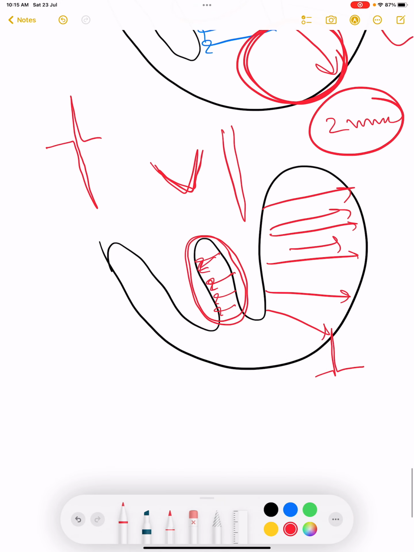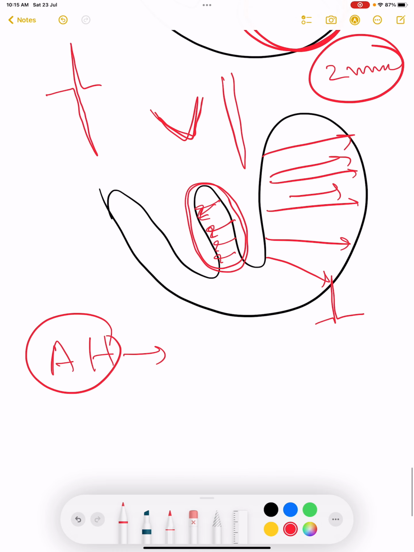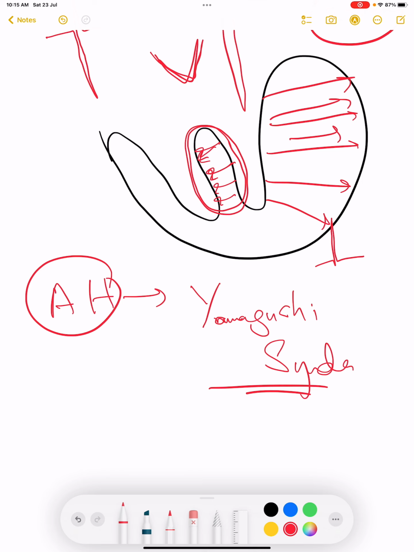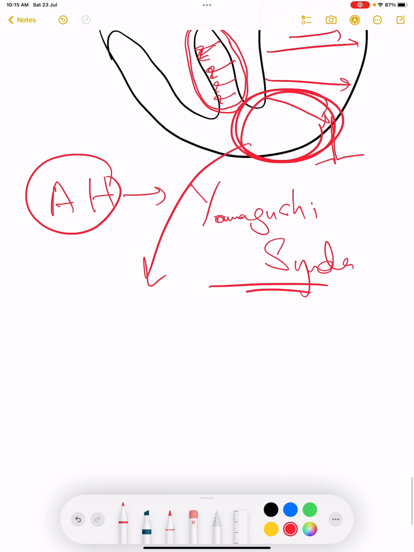This type of cardiomyopathy with apical hypertrophy has a special name, I forgot, but it is called Yamaguchi syndrome. So this Yamaguchi syndrome is actually apical hypertrophy. The hypertrophy will be only in the apex. That is why in this type of hypertrophic cardiomyopathy there will be no Q wave abnormality.